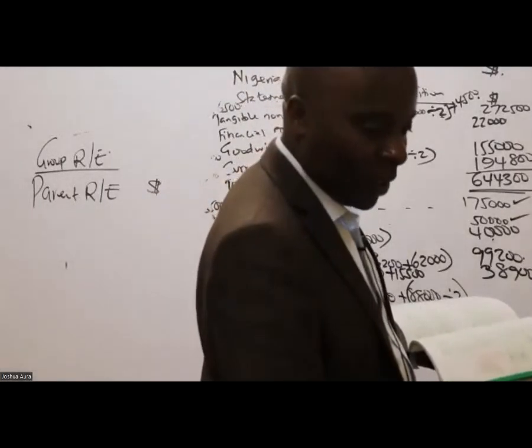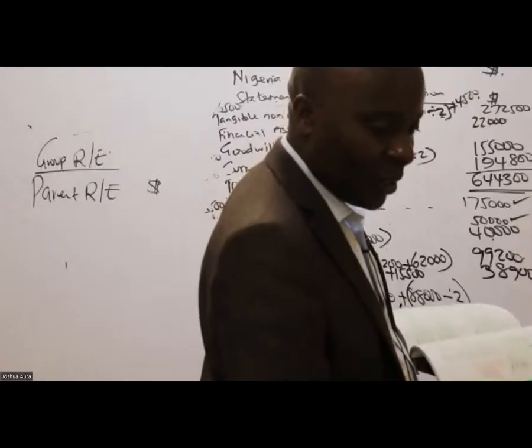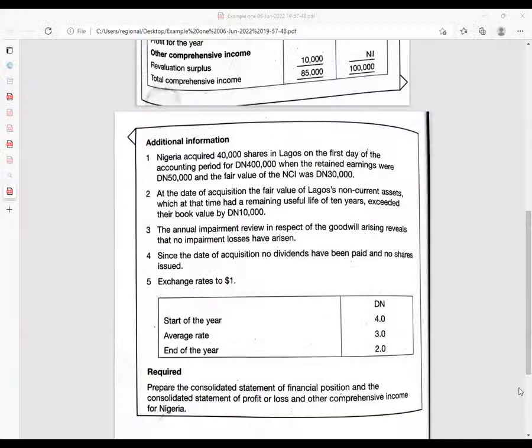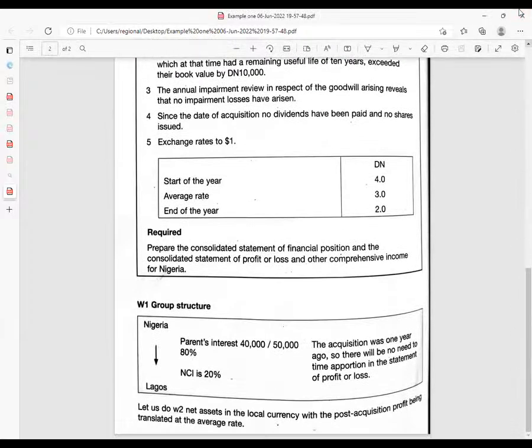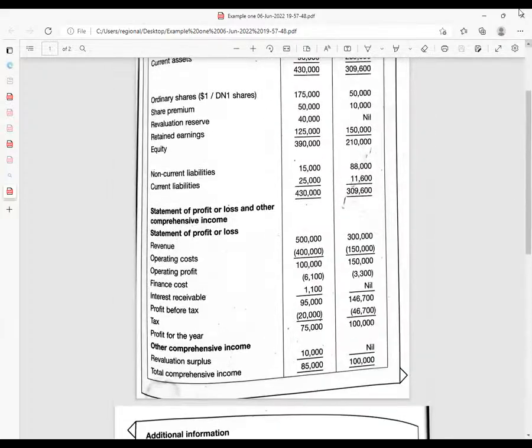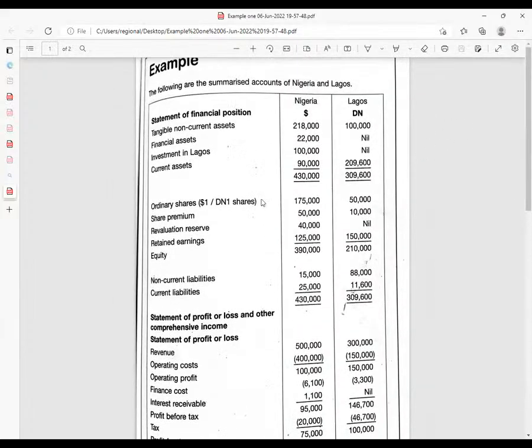Parent's retained earnings from the balance sheet, what do we have here? Right? 125,000, isn't it?